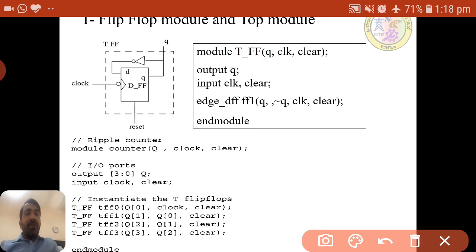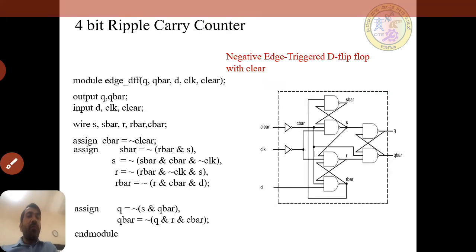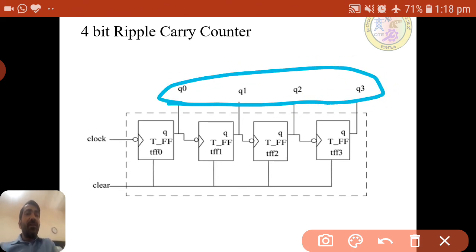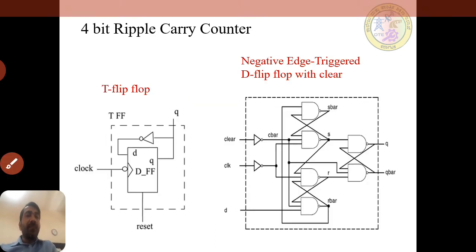TFF0123 are instance names. And here we are declaring the top module as module counter, the 4-bit ripple carry counter, Q is output, clock is input, clear is input. Instead of small q they have taken capital Q of 0, Q0, clock and clear, these 3 signals are there.